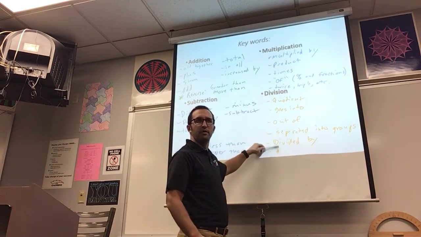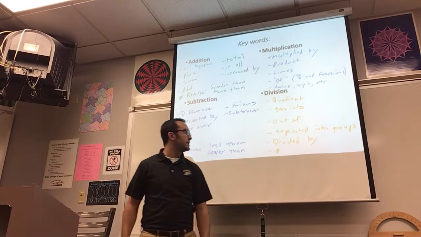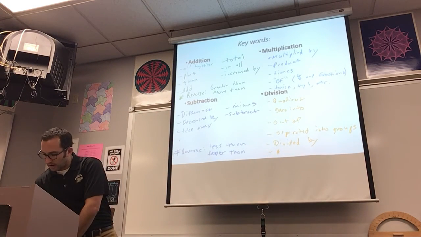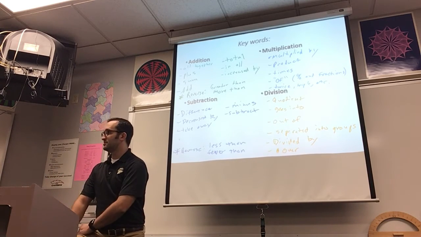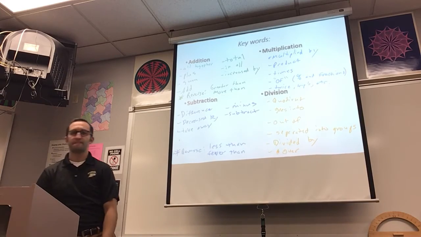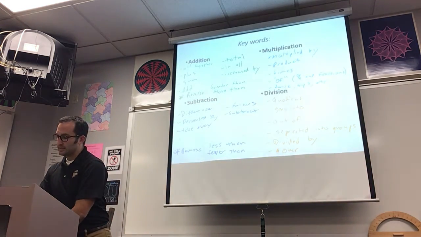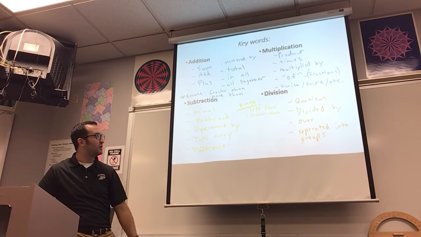That's a good combo of those two, separated evenly, divided by. The word over oftentimes means divided by, right? 12 over 4. It's written as a fraction, right? And fractions are division problems. Okay? So this is my original list, just so you know.